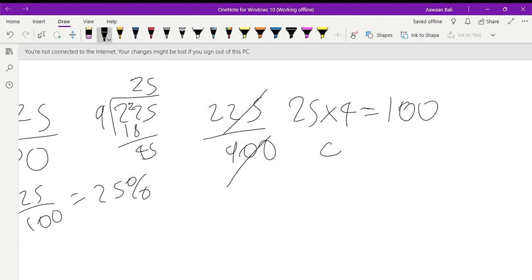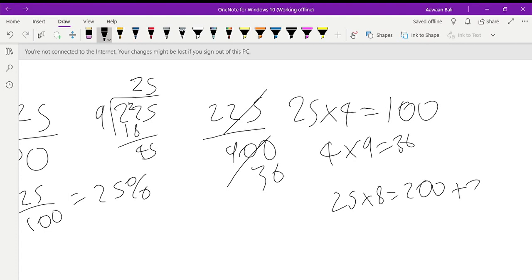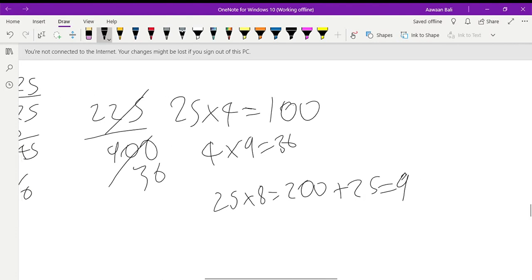We can just do 4 times 9, 36, which means it simplifies here to 36. And now 225, that's basically 25 times 8, which is 200, with another 25, which is 225 again. So we know that 225 divided by 25 is 9. So 9 upon 36, if you divide them both by 9, you get 1 upon 4.